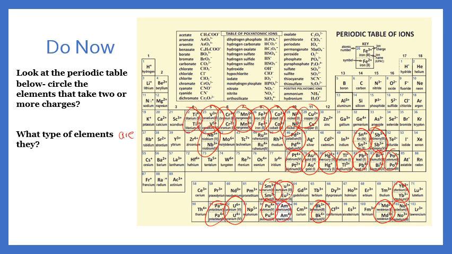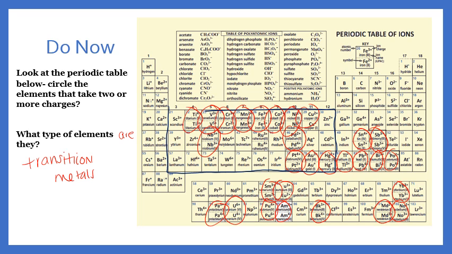So the majority of them are actually transition metals, which is the answer I was looking for. They are transition metals because they sit in this box that we have rarely discussed yet in chemistry.